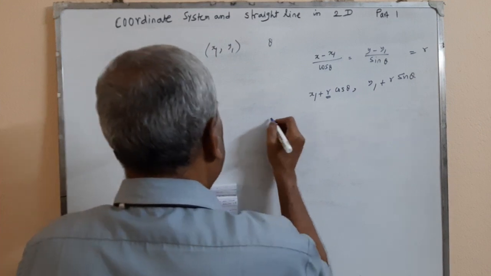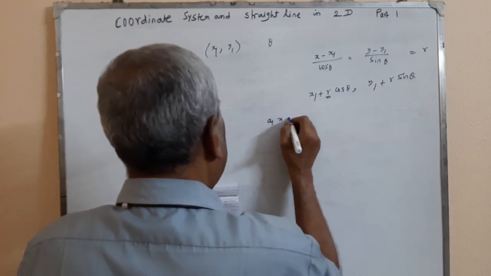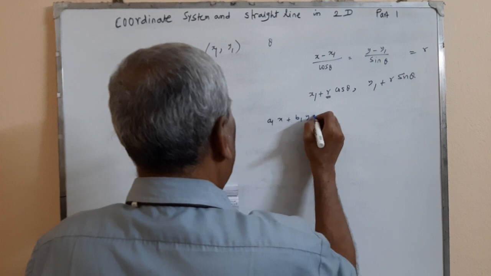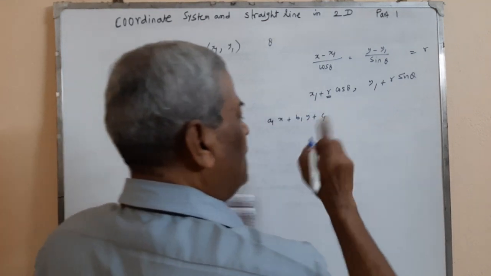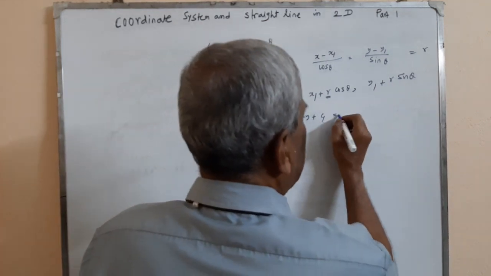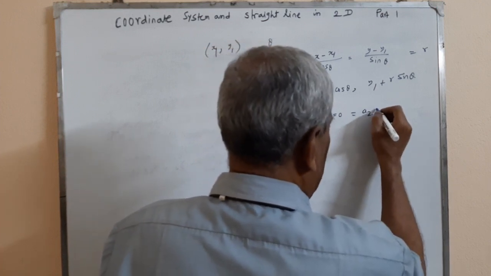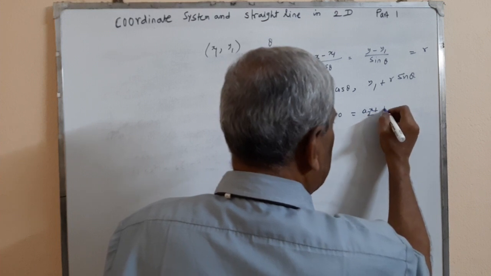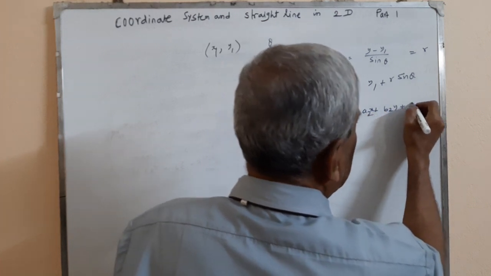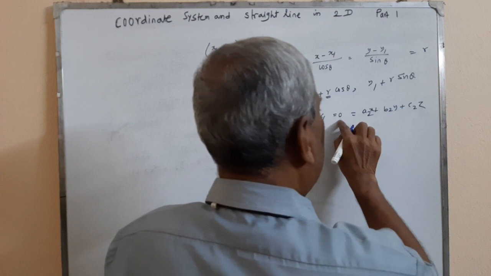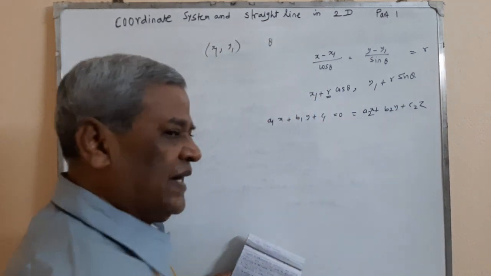One more result. Suppose a1x plus b1y plus c1 is equal to 0 is a straight line, and another straight line is a2x plus b2y plus c2 is equal to 0. These are two straight lines.